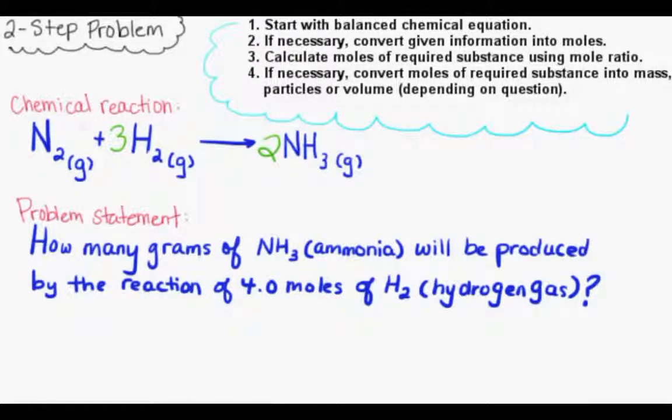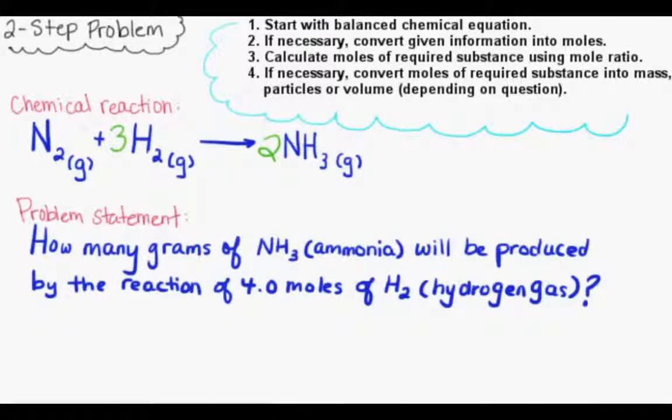Step number 2 indicates that, if necessary, you must now convert the given information into moles. Wait. Before you decide whether it's necessary or not, this brings up a good point. Which substance is the given and which is the required? Well, in every type of problem, you will be given one piece of data, and whichever substance that data is describing is going to be your given substance.